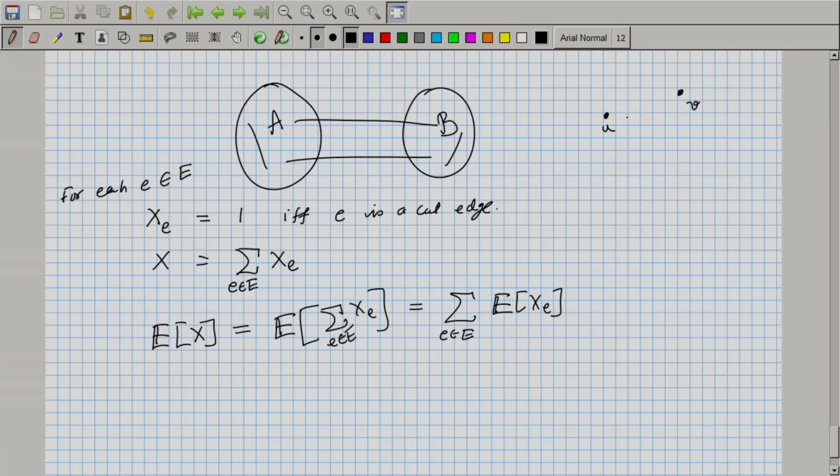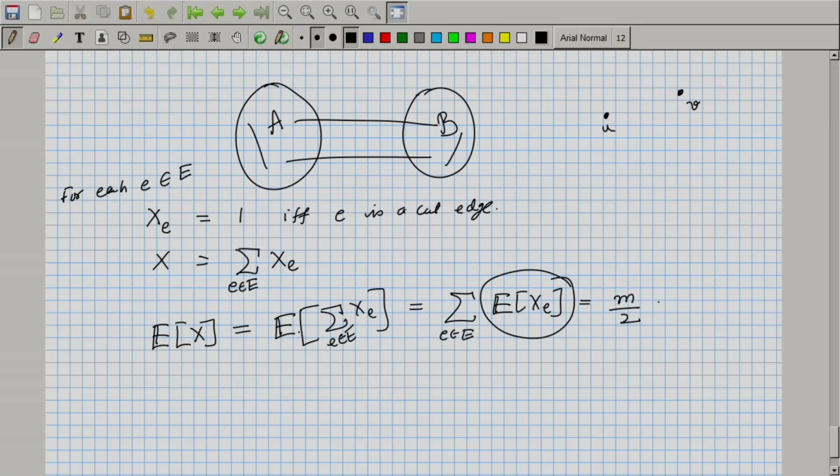Let us say u was chosen to be on one side. Only if v is on the other side, we will have this as a cut edge, and that happens with probability half, because in order to choose the side for vertex v, we would have tossed a coin, and the probability of that returning the suitable side is just half. So, this expectation is going to be half. So, this is going to be sum over all edges of half. So, that is going to be equal to m by 2.